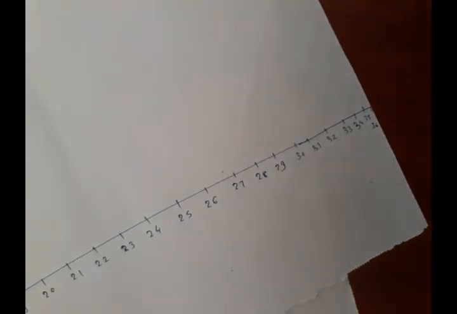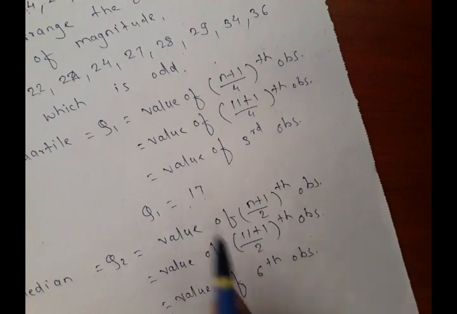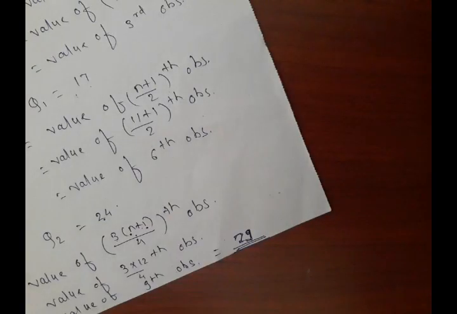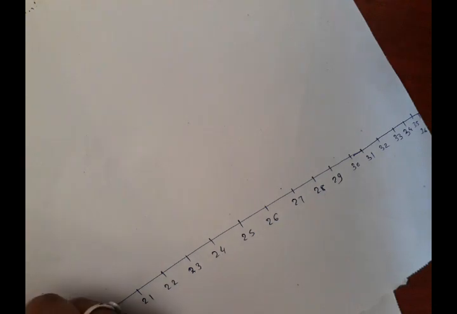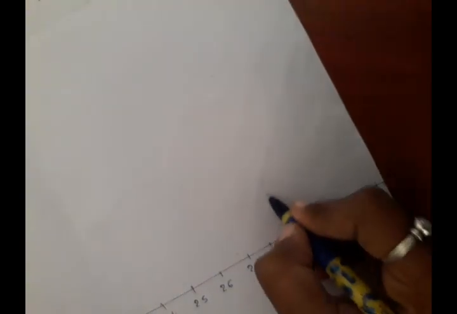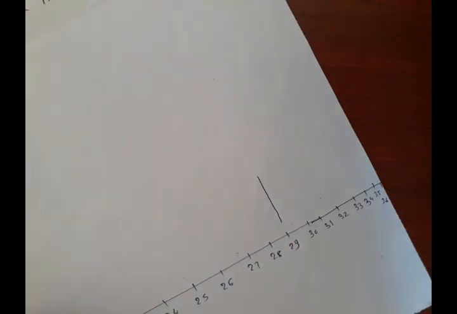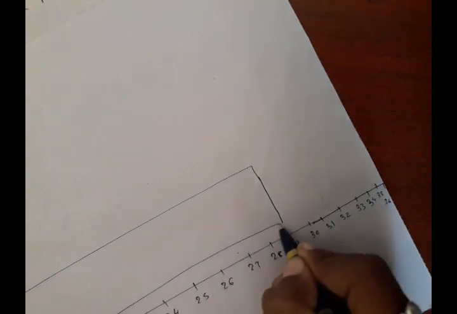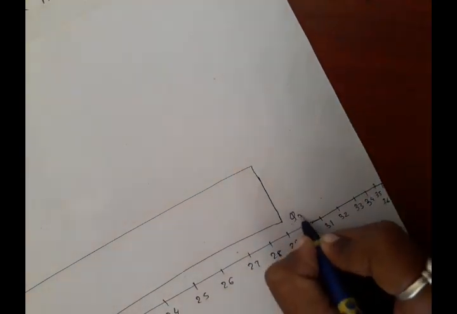So first draw a box from first quartile to third quartile. So first quartile is 17 and third quartile is 29. So from 17 to 29, Q1 and Q3.